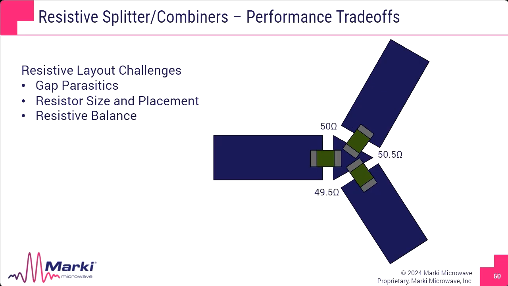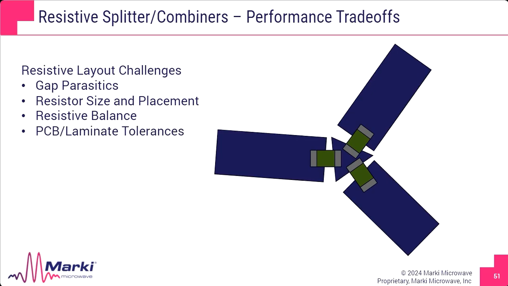How do you account for the balance of these resistors and the resistance of them? Likewise, you can't really control the fine gaps or etching too well. There's going to be some tolerance here. And physically fitting many splits. As you can see, I'm showing 3 and it's already getting quite crowded.